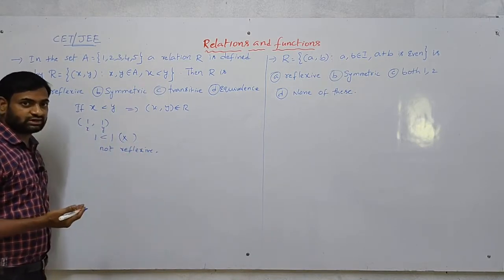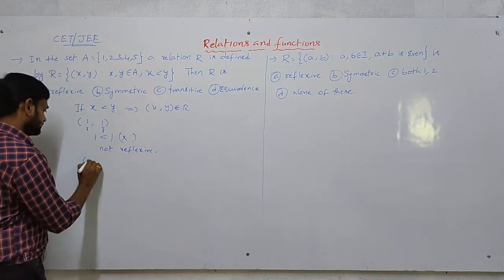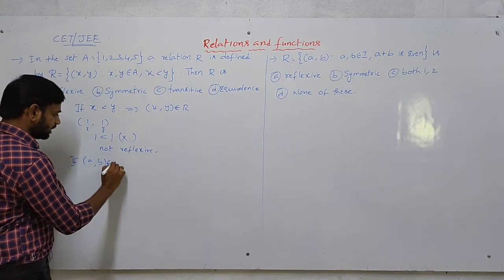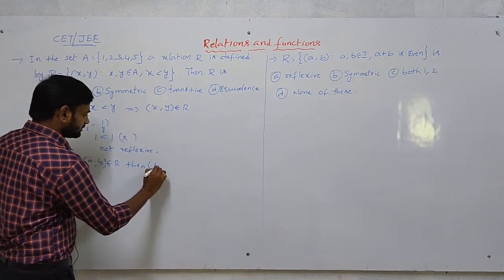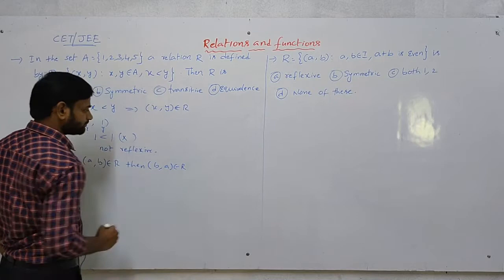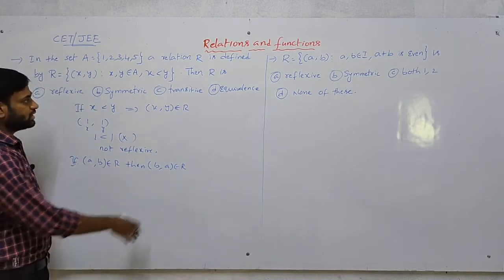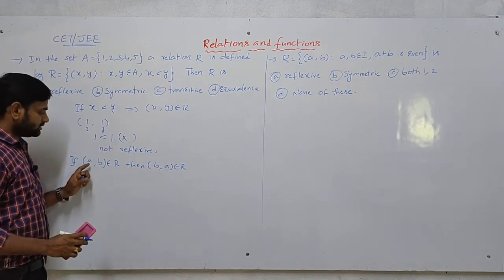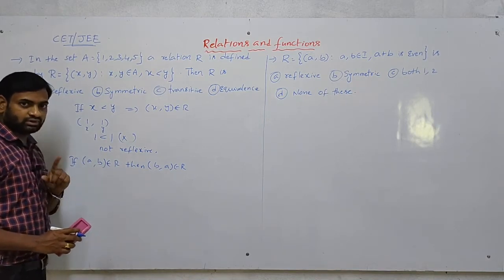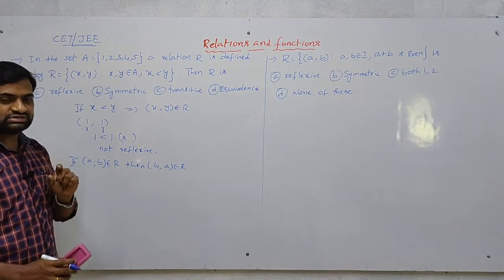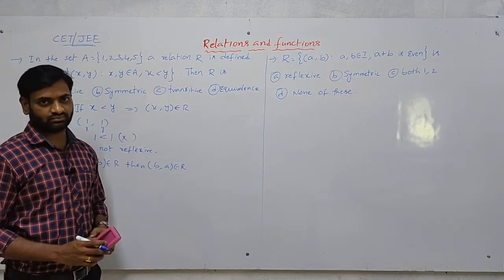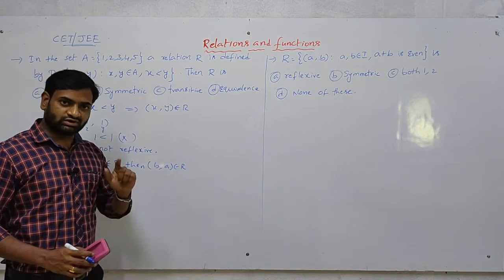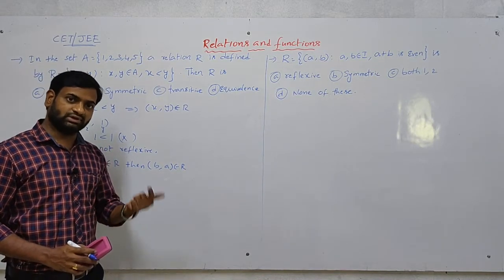Next, check symmetric. The condition for symmetric is: if (a, b) belongs to R, then (b, a) belongs to R, for all a, b belonging to A. Choose one ordered pair which satisfies the condition, then check the reverse. If the reverse also satisfies the condition, it is symmetric.